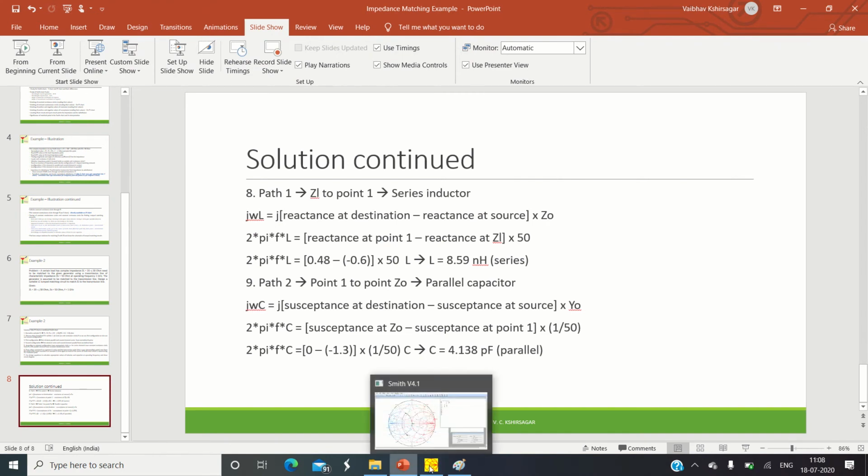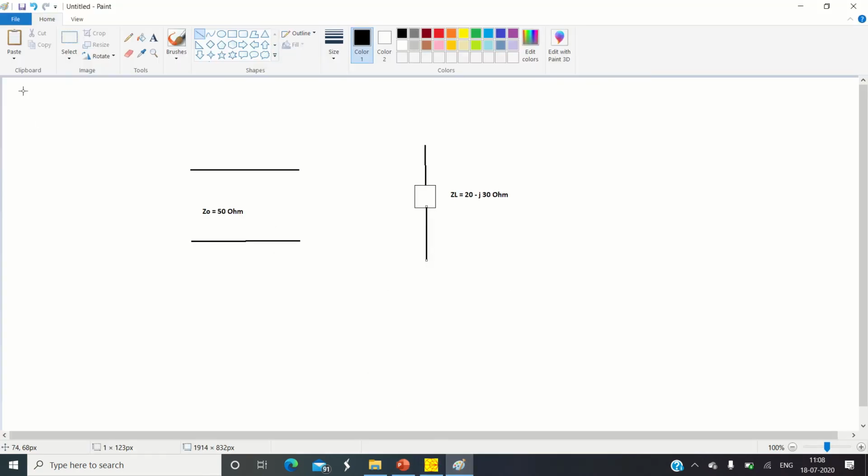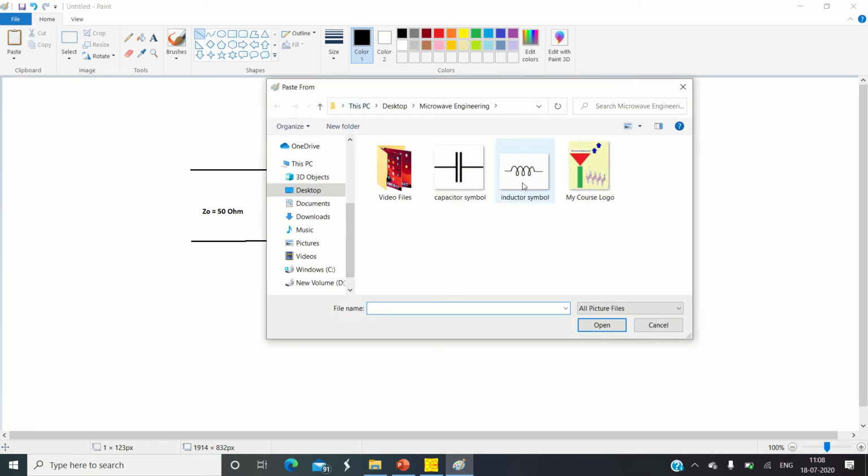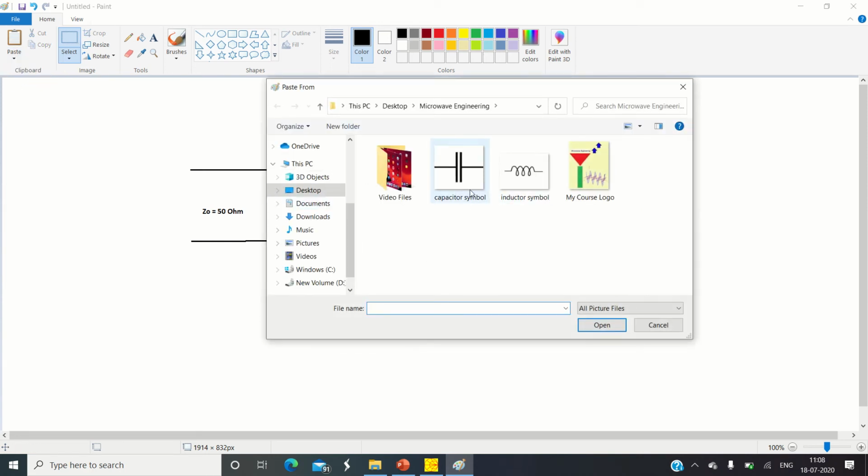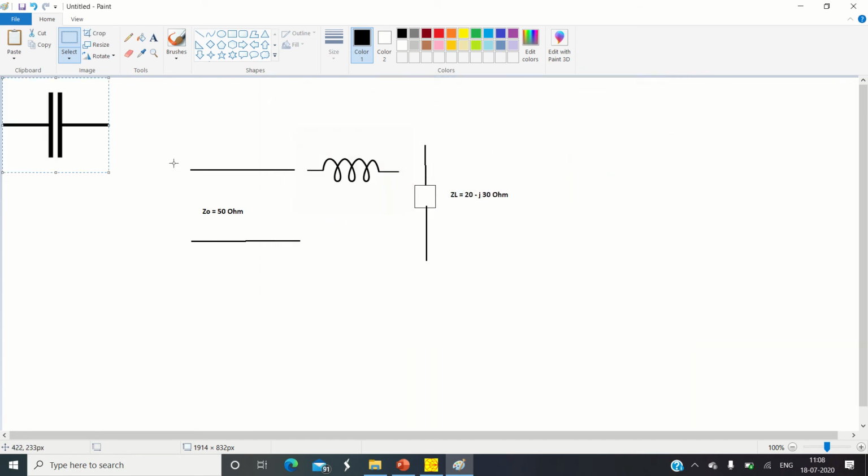So take the inductor in order to show the series element. This will be our series element. The second element is the parallel capacitor. I will rotate it. So this is a parallel capacitor.